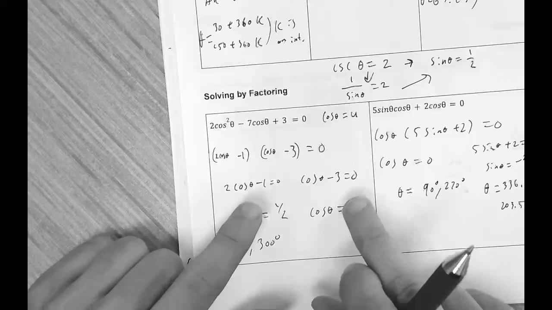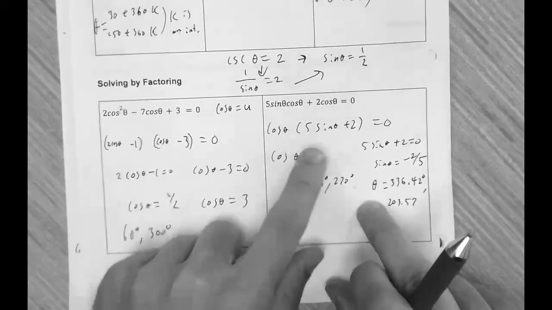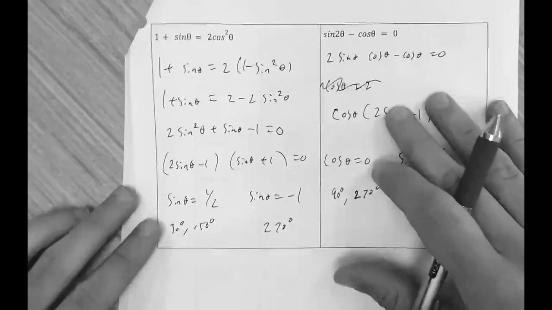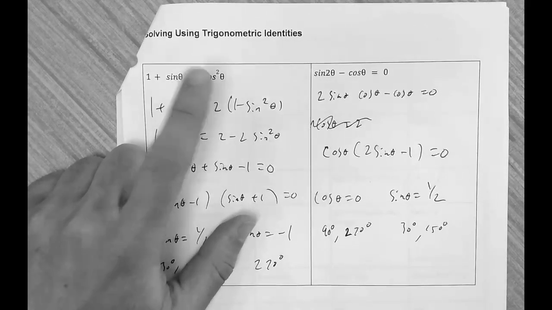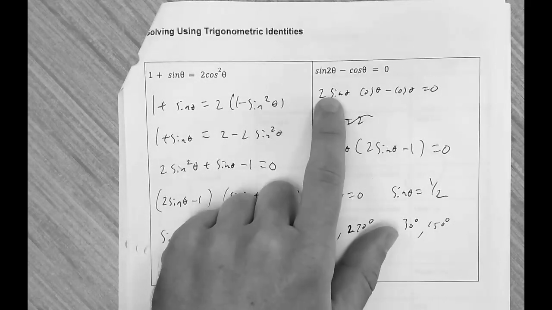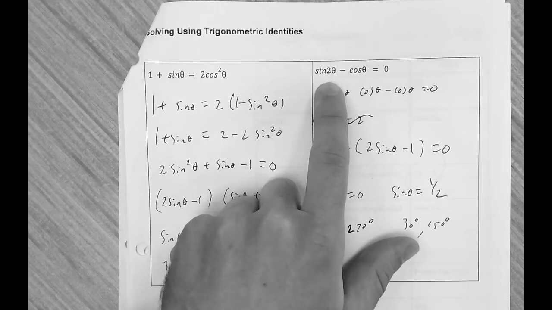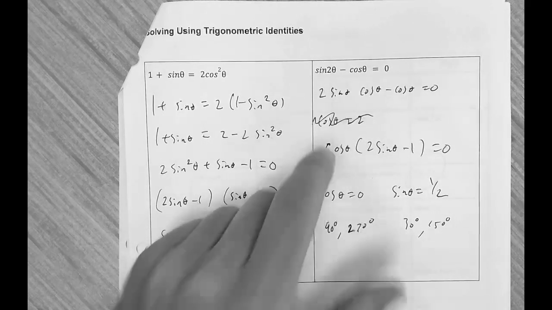You find the factors, you set those individually equal to 0, and you work your way down like that. Maybe you take out a greatest common factor. And then you've got the harder problems, which are a mixture of that and also using the trig identities. So making it a trinomial by converting to 1 minus sine squared, or taking out the greatest common factor by converting a double angle identity into 2 sine theta cosine theta, and taking out the cosine theta.